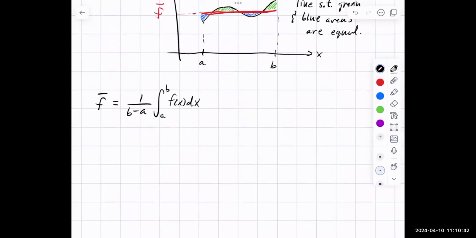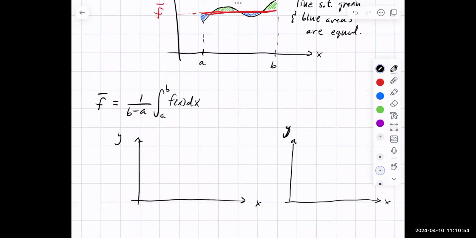So another way to do the same thing is to say, if this is x and y, we could draw our function again, and it looks something like this.